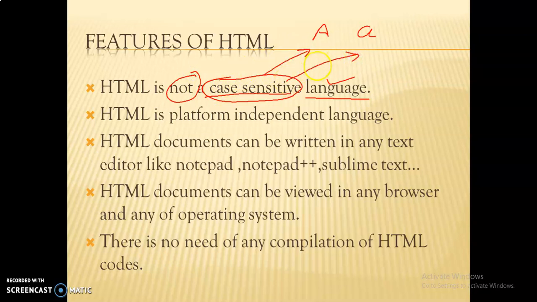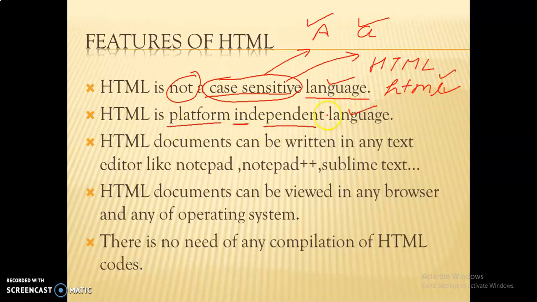But HTML is not a case sensitive language. It means whether we write HTML like that or HTML like that, both are the same. We can write in capital letters or in small letters, it doesn't matter. Clear?